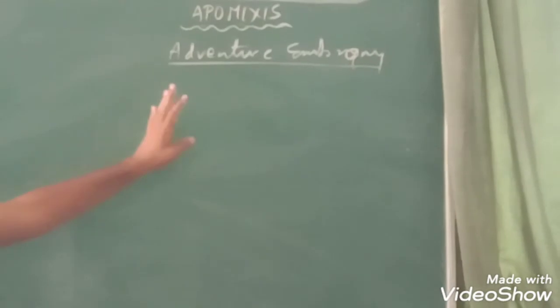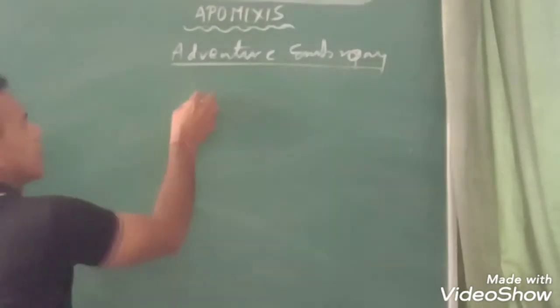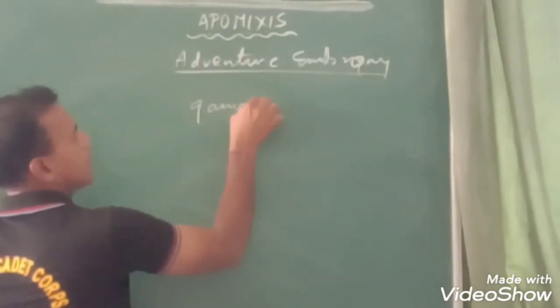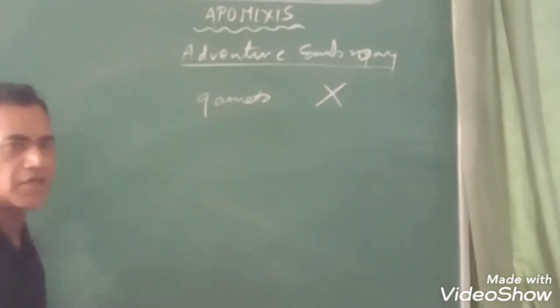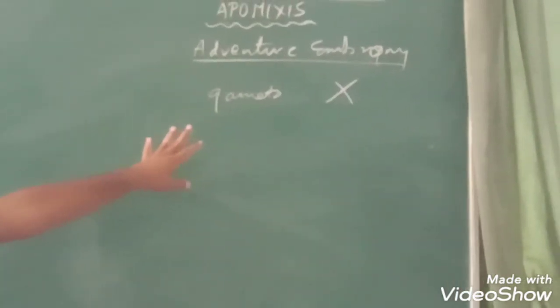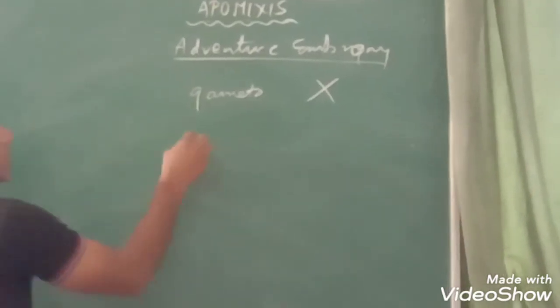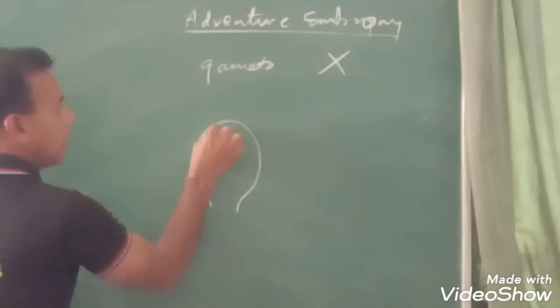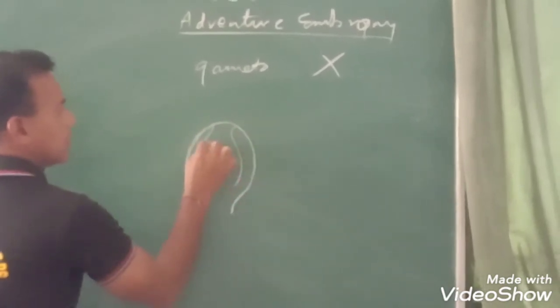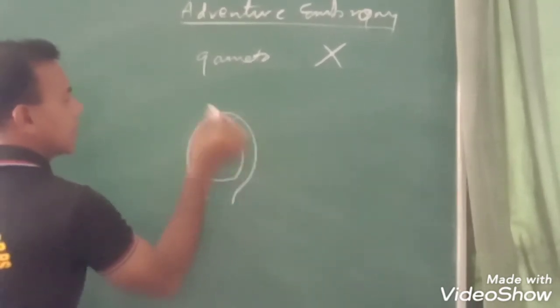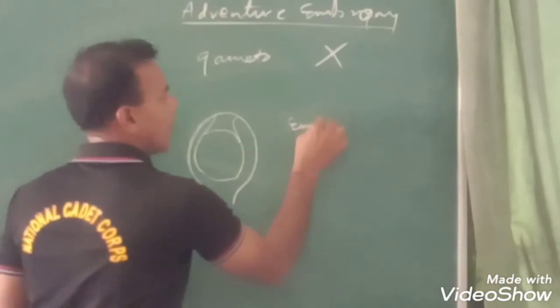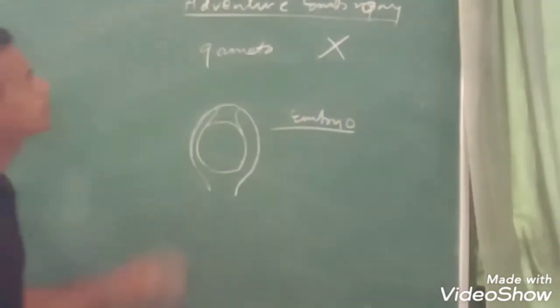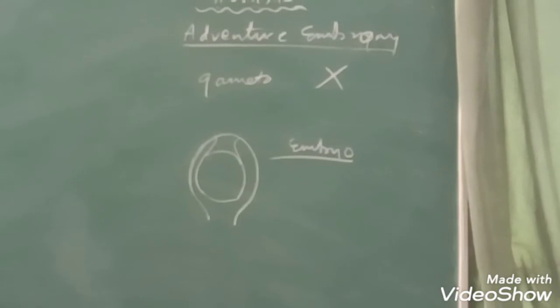Now in this type, the gametophytic cycle is completely eliminated. The gametophytic cycle is not found, and the cells of the nucellus and integument form embryo directly. This is known as adventive embryony.